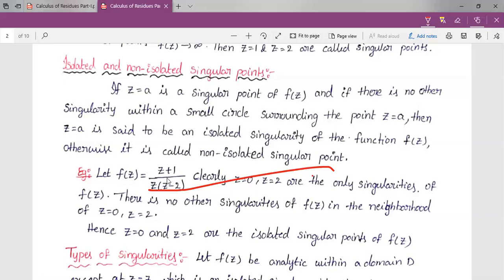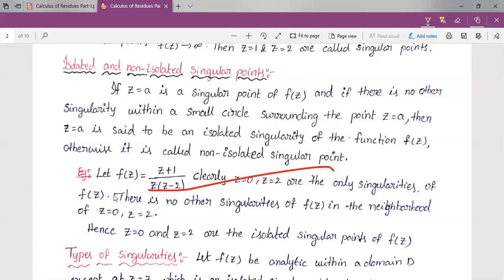Now when we observe the surrounding points of z equal to 0 and z equal to 2, that is the neighborhood points of z equal to 0 and z equal to 2. For example, if we consider z equal to 1, that is a neighborhood point of z equal to 0 and also of z equal to 2. When we substitute z equal to 1 here, the function is analytic at that point.